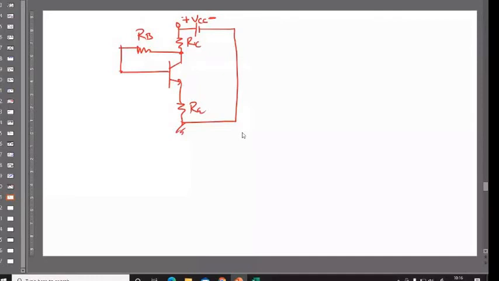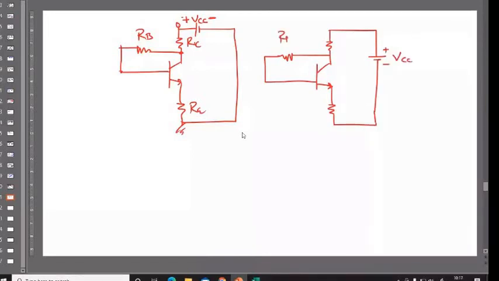Now make it simpler. Plus minus VCC, RB, RC, RE.